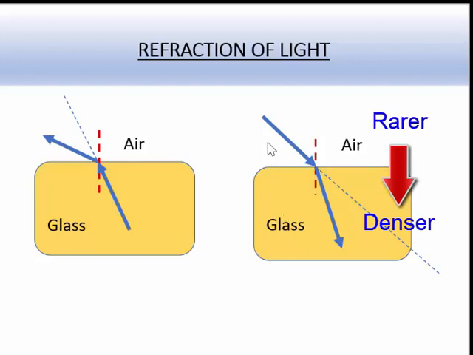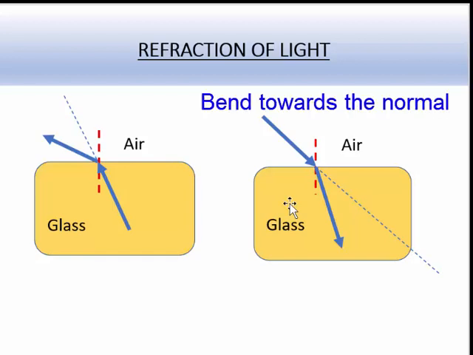Whenever any light ray travels from a rarer medium to a denser medium, it will always bend towards the normal. How can you remember this? Now light is entering from a rarer medium to a denser medium. In the denser medium, it is not free because its speed will be reduced. Because in a denser medium, the speed of the light will reduce. It is going to bend towards the normal.